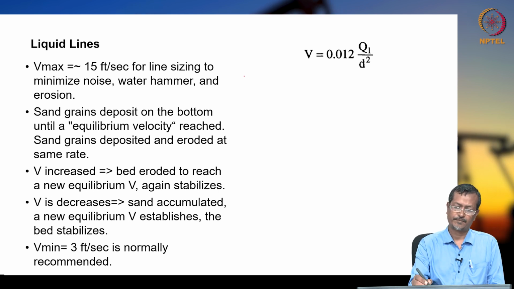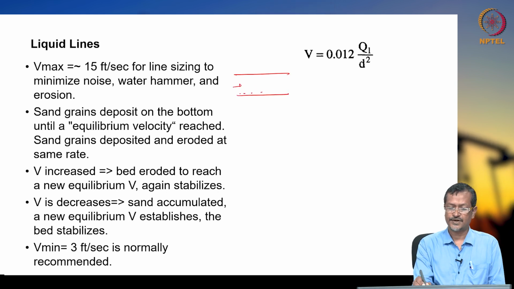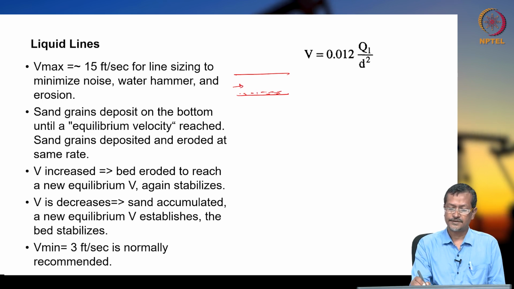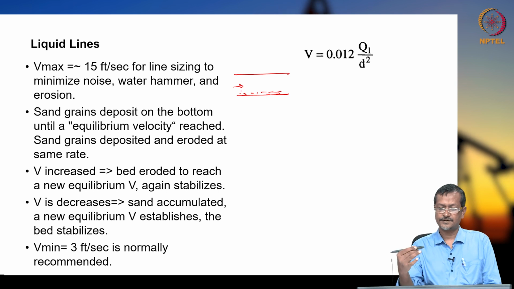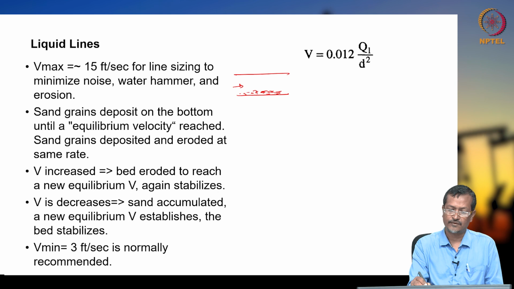What happens? You have one pipe, okay. If you have very low velocity, sand will be deposited. Now you increase velocity, what will happen? This high fluid velocity will try to erode the sand that was deposited there.